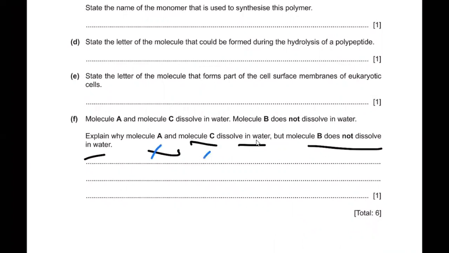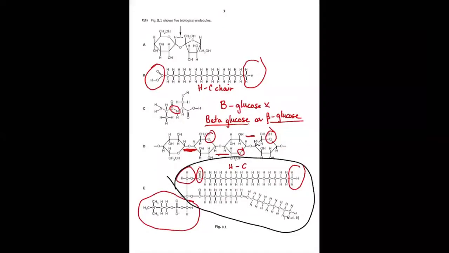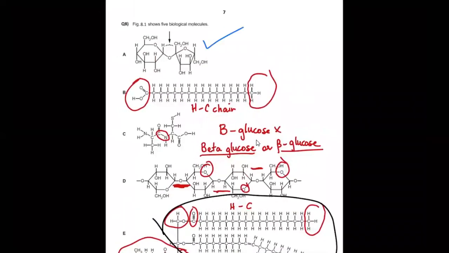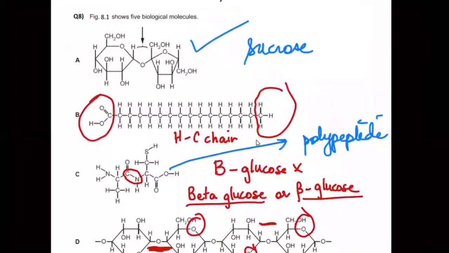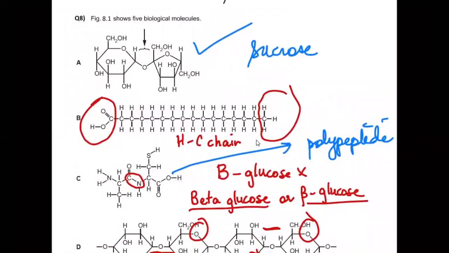A and C dissolve in water and B doesn't. A dissolves in water, A is sucrose. C dissolves in water, C is a polypeptide, or you can say it's a protein. They have dipoles, so they are polar. All polar molecules are attracted by other polar molecules and they are soluble in water.